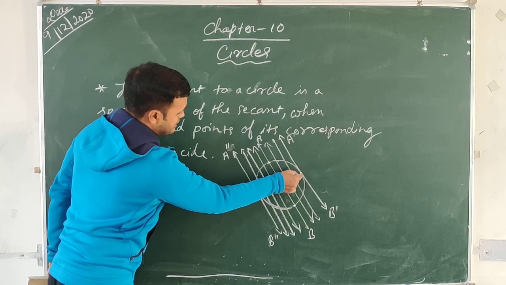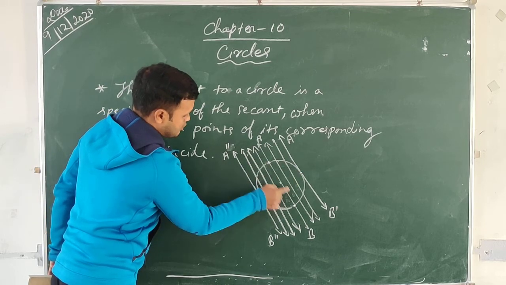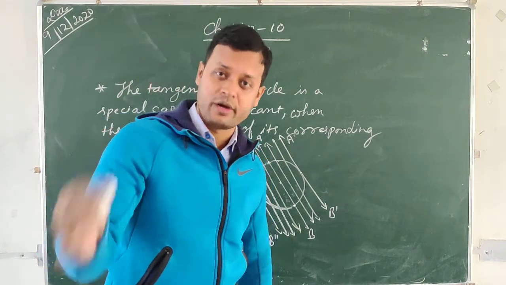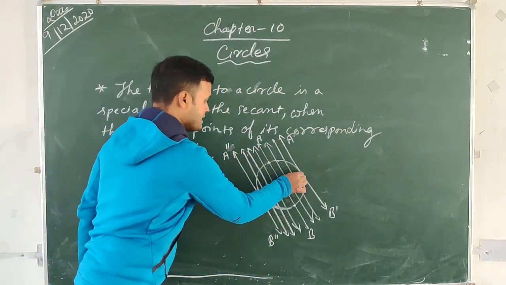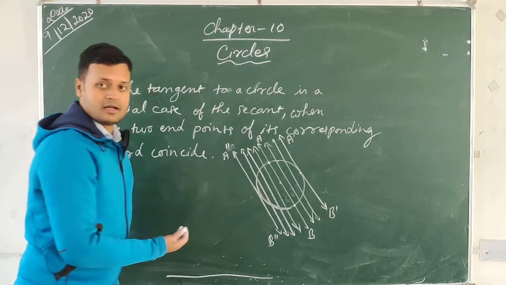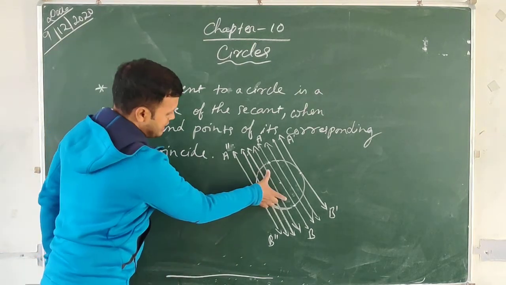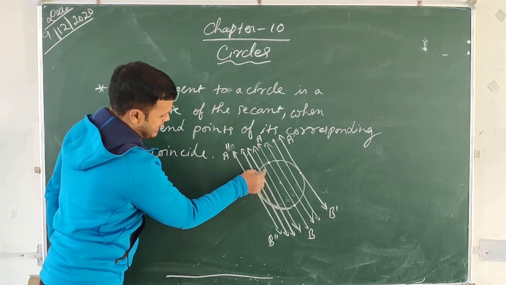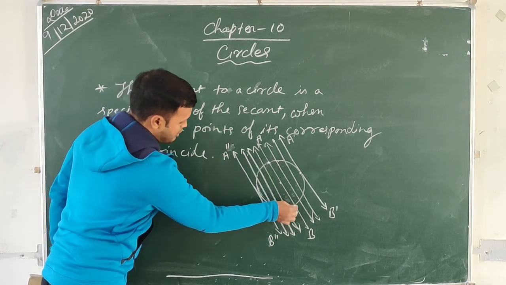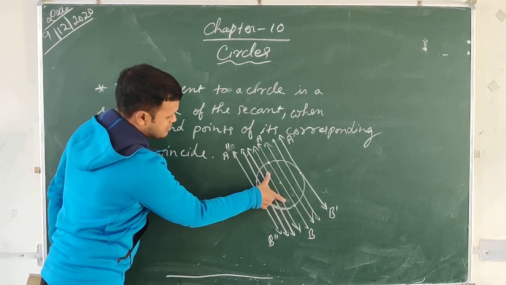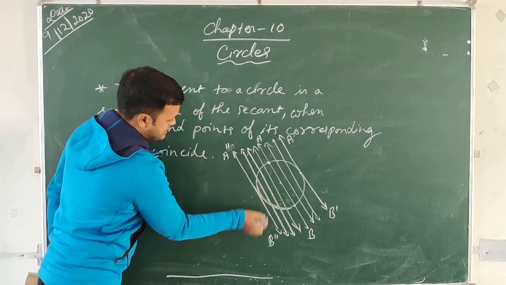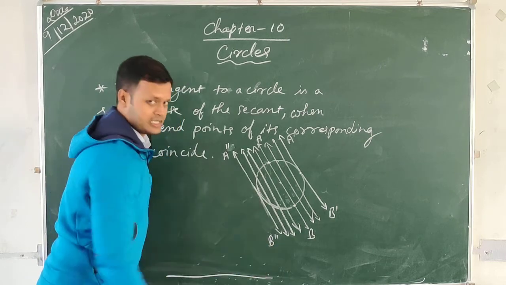As it comes nearer, at this point the 2 points of the corresponding chord will coincide. When the 2 points of the corresponding chord coincide, that should become a tangent. Same here, come to the left side. As this distance is decreasing, these 2 points are coming nearer to each other. So as they coincide, this will become a tangent.